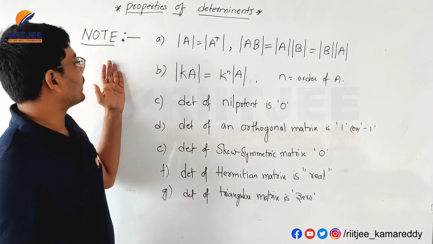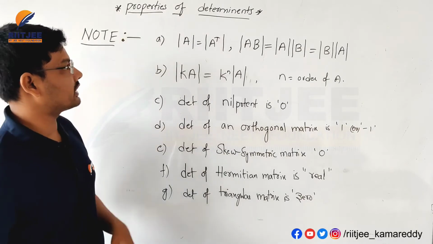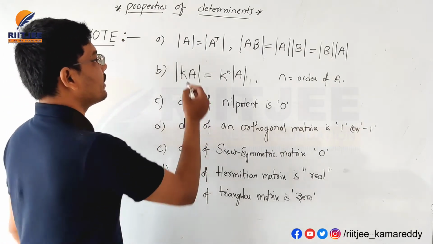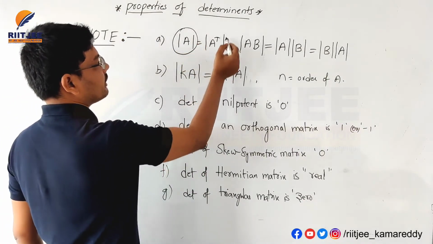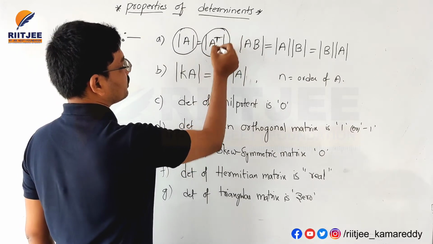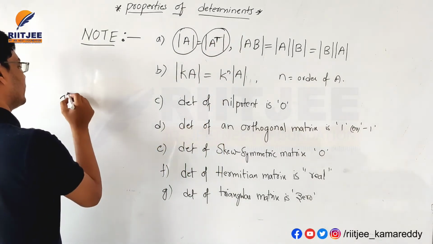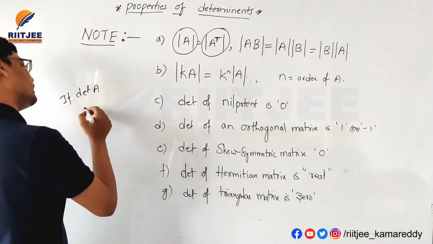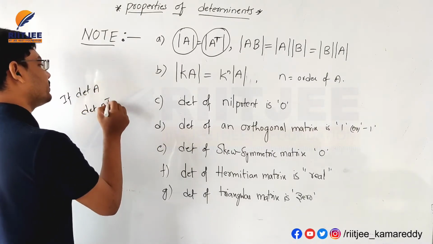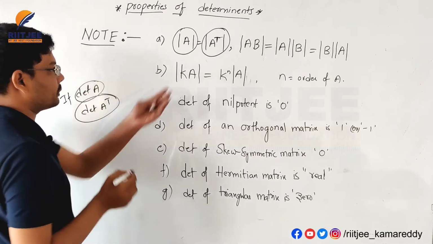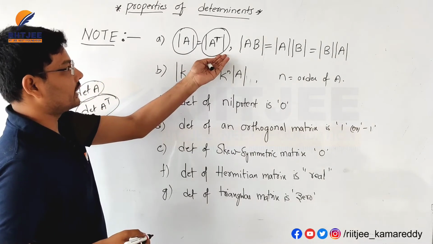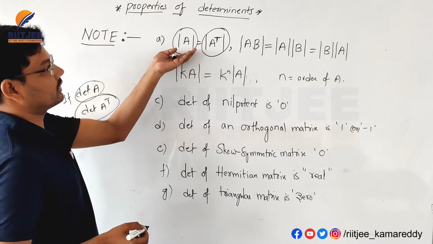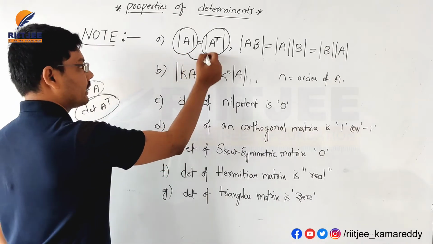Here are some more important points of the properties of a determinant matrix. Here mod of A is equal to mod of A transpose. If determinant of a matrix A is equal to determinant of A transpose matrix. Here if you transpose any matrix, that determinant and the determinant value before transpose are both equal here.